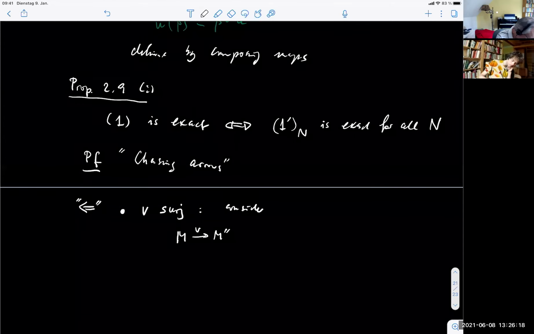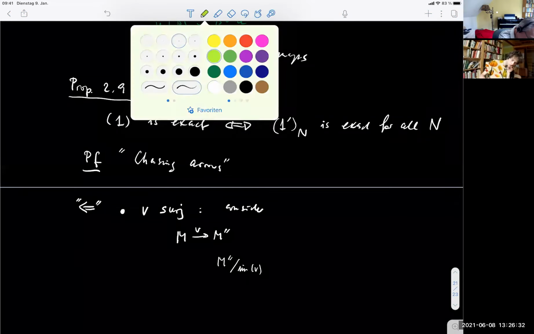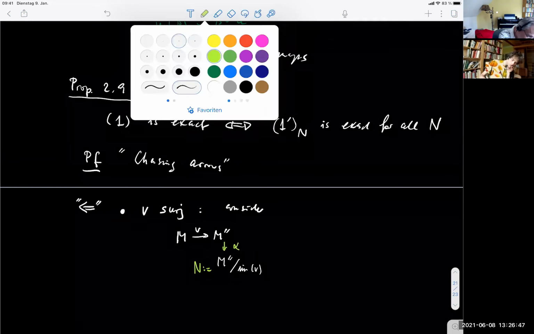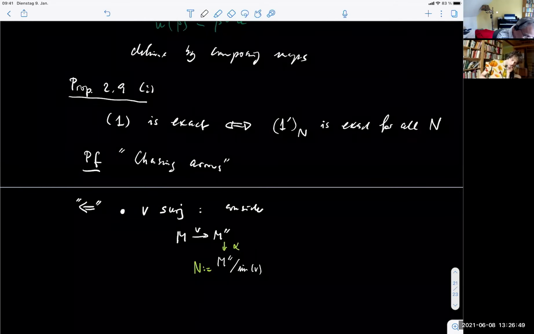Now I choose my N. And how do I choose it? Here, I take the factor module N2 prime mod the image of V. So this is my choice of N. And then I have here, of course, my canonical map. Let's call this alpha. Okay. So what do I have?